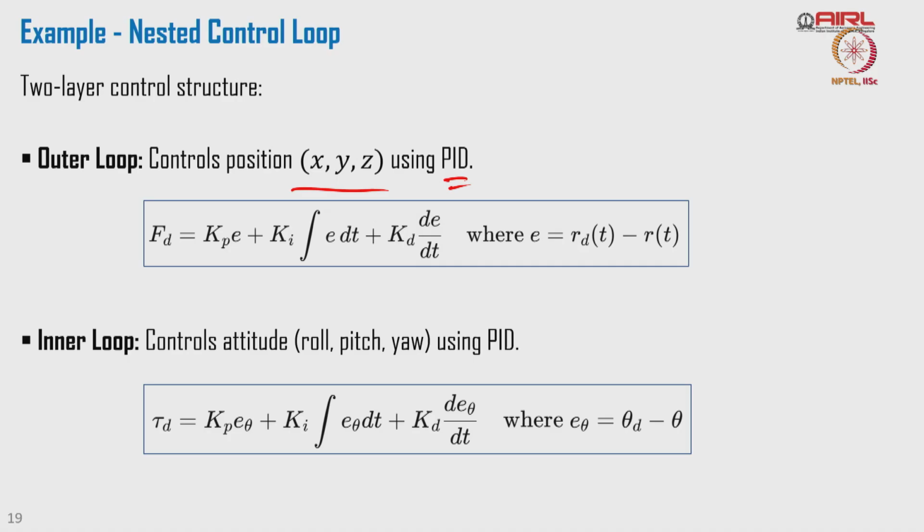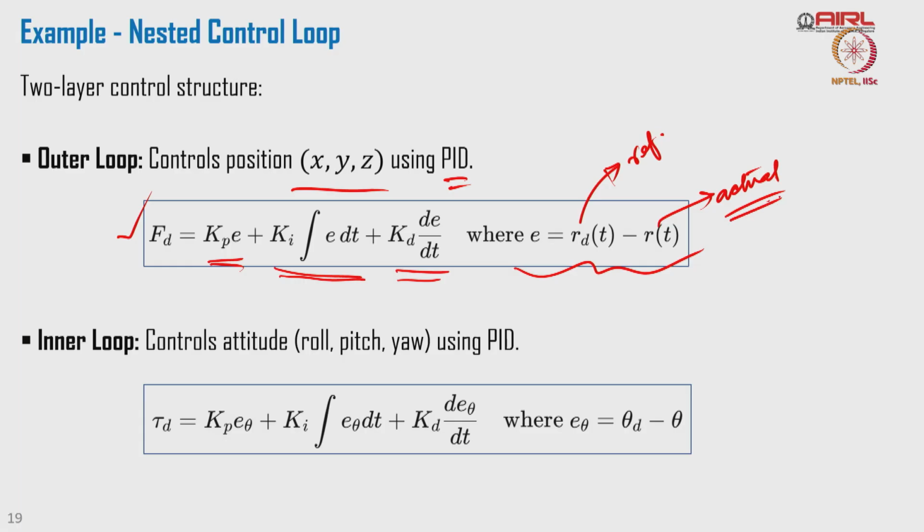It looks like the force Fd will be given as the proportional control, integral control and derivative control, and this is the definition of e. Okay. What is rd? rd here is the reference trajectory and this is the actual what we are getting out of it.